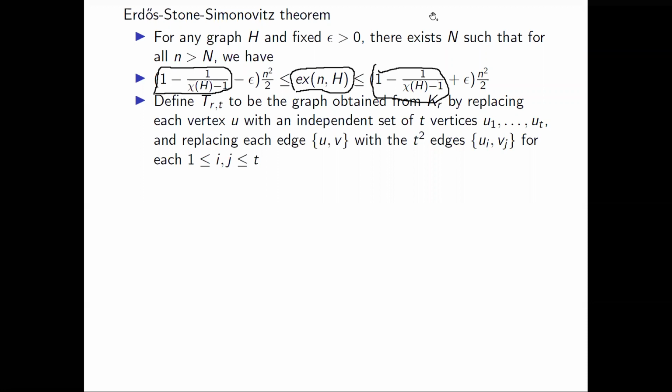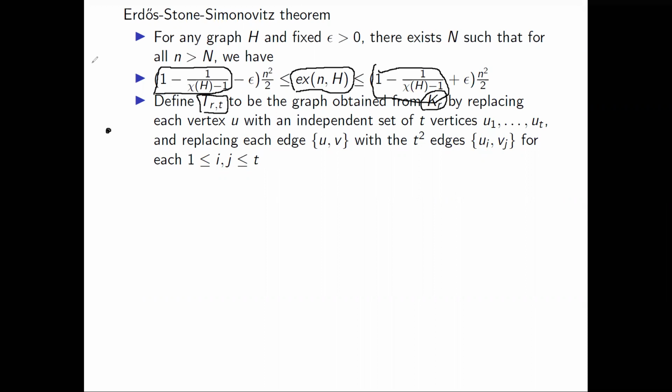And so in order to discuss that, we're going to define this graph that we've actually seen before. So this graph T_r(t) is obtained from the complete graph K_r of order r, and we just replace each vertex in the complete graph with an independent set of t vertices. So let's draw a picture to see what's going on.